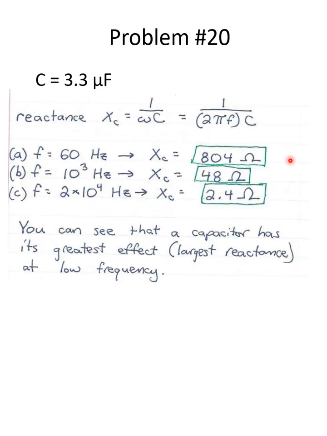And so for parts A, B, and C, respectively, we get a capacitive reactance of 804 ohms, 48 ohms, and 2.4 ohms. And you can see that a capacitor has its greatest effect, meaning its largest reactance, at low frequencies.